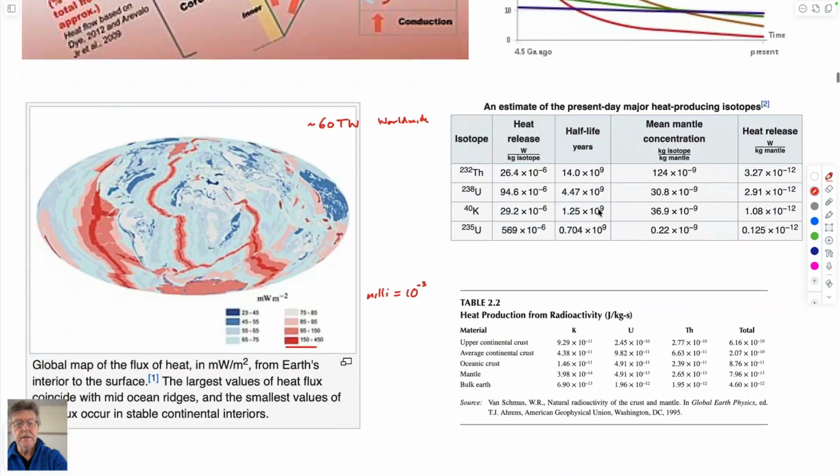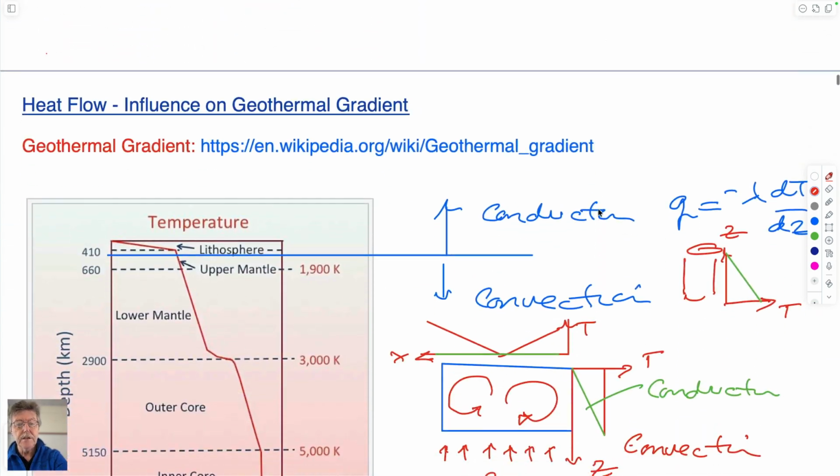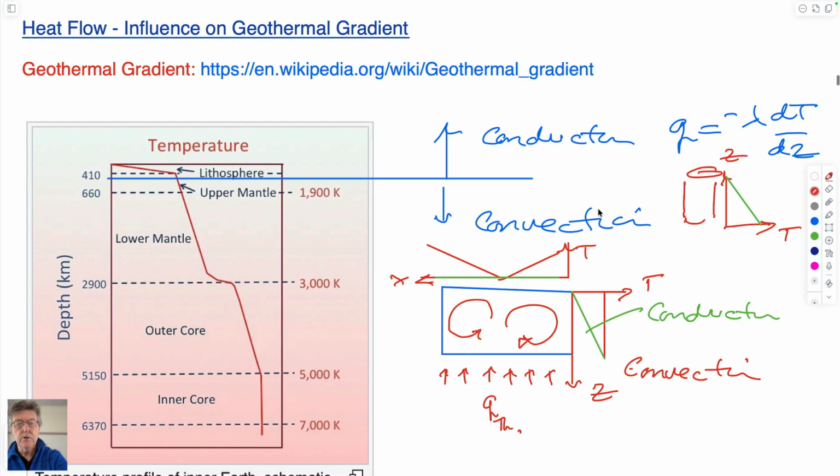So we talked a bit about the constraints on heat flow and how it's distributed, in the US or in North America. And so today we'll talk about the agents by which heat is transferred by conduction and convection. Relatively straightforward if it's within the Earth's solid crust.